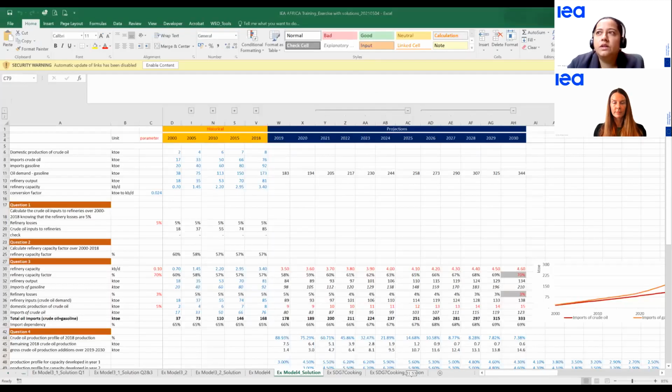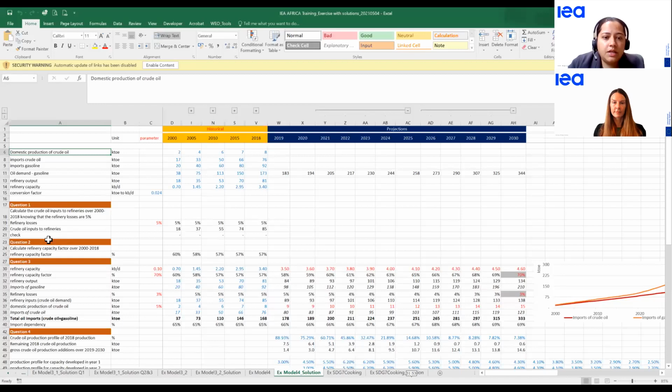Now I will share the Excel file so that it's easier for us to look at the work itself. Here you are provided with the historical data for domestic production, imports of crude oil, imports of gasoline, oil demand for gasoline, and refinery output. All of these are in kiloton of oil equivalent. Then you have the refinery capacity in KBD and the conversion factor from KTOE to KBD.